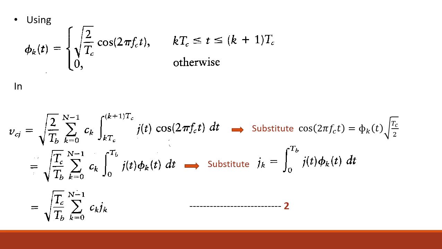Next we substitute for integral 0 to Tb j of t phi k of t dt as jk. That is, jk is the projection of j of t on phi k of t. So finally we arrive at the expression for VCJ as VCJ is equal to root of Tc by Tb summation k going from 0 to n minus 1 Ck into jk. This we denote as equation number 2.